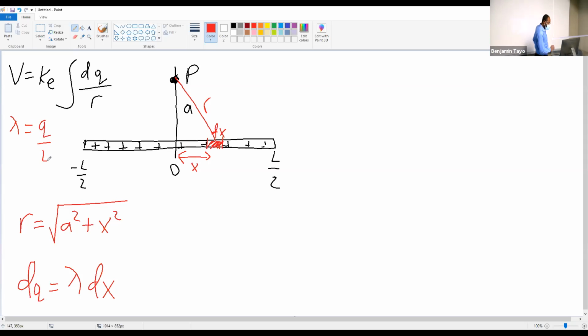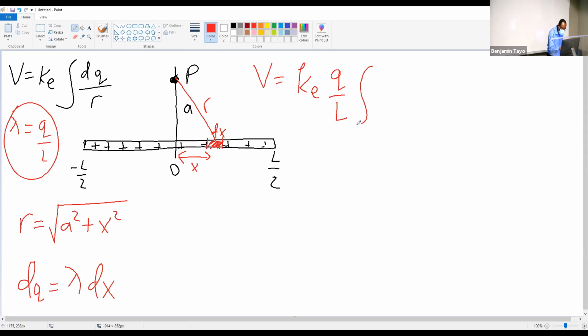So I can go ahead and write my V is equal to KE. Now in place of lambda, I'm just going to put Q over L, so KE Q over L, the integral from negative L over 2 to L over 2, dx over x squared.